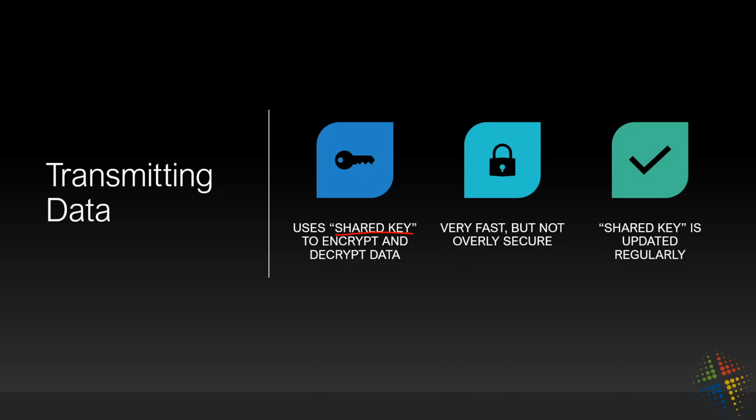This is very, very fast, but not overly secure. The primary concern with symmetric encryption is the sharing of that key. Therefore, we shared the key over the asymmetric encryption, which is very secure, and now this is a fairly secure process.